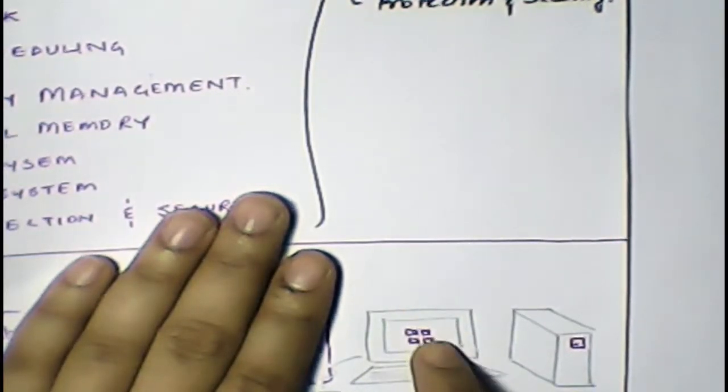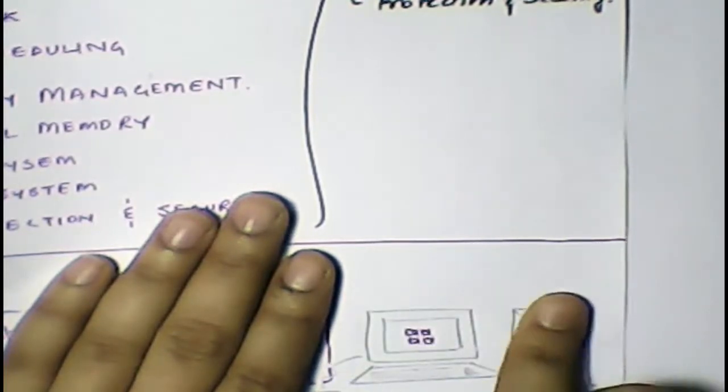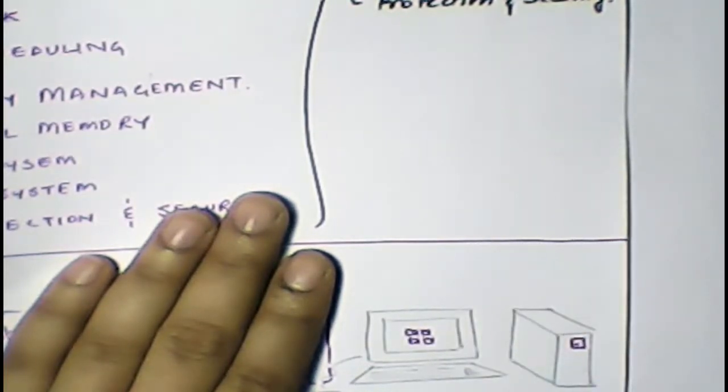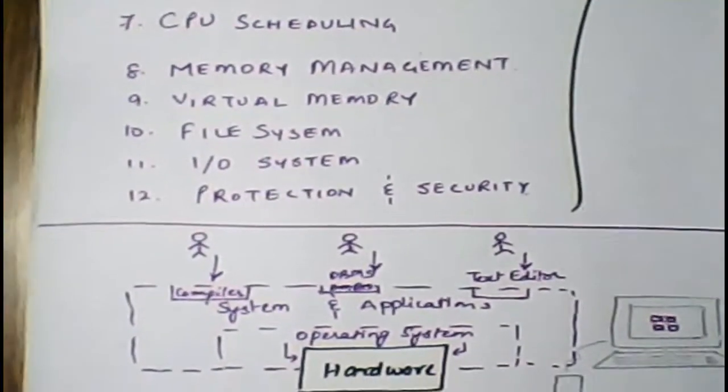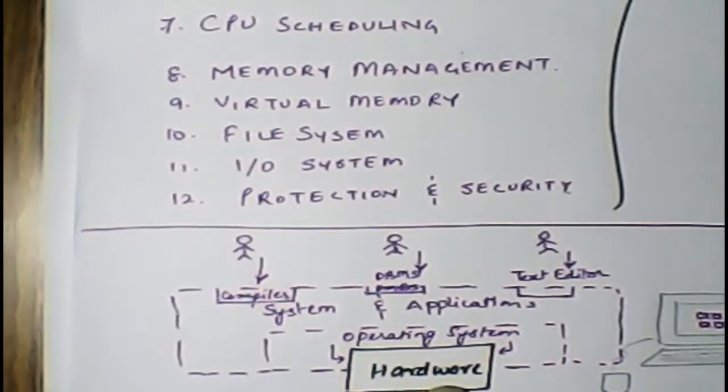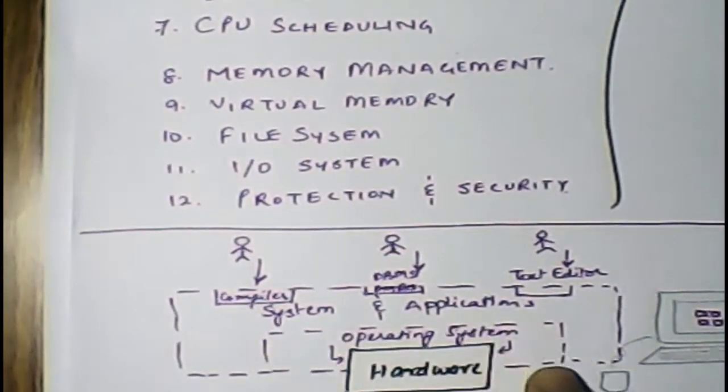What is this Windows logo? What are you actually seeing? So if you try to analyze, you'll understand that hardware is all that part that you can touch, and the one that is showing on the screen is basically the output provided by operating system. So here, this is hardware. On top of hardware, operating system resides. This is operating system.